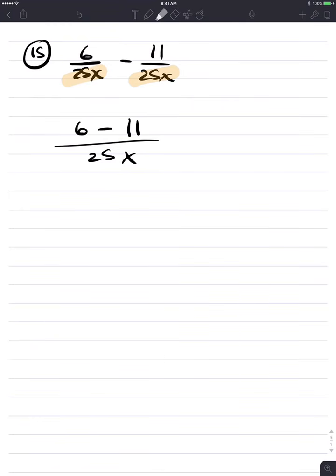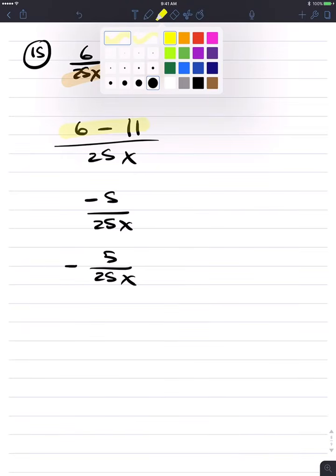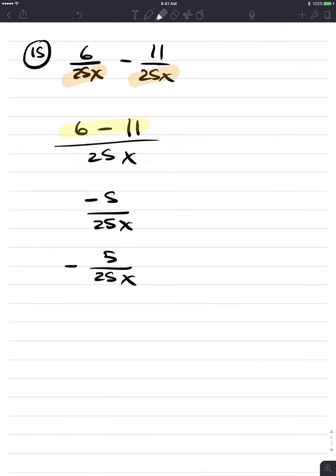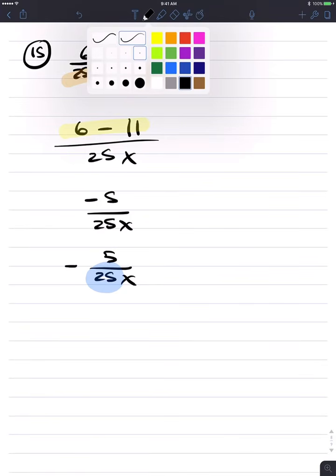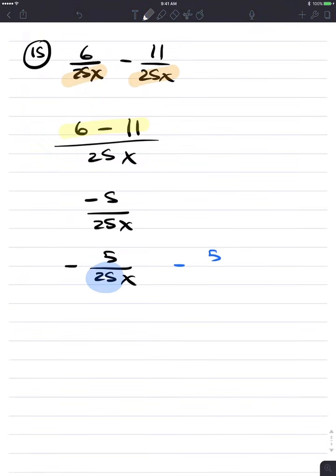Now 6 minus 11 on top here in our numerator position gives us a negative 5 over 25x. We're going to keep our negative sign at the same level as our division sign. And now we get to break down our numbers. But in this case, only the 25 here can be broken down. So we have negative 5 over 5 times 5x.